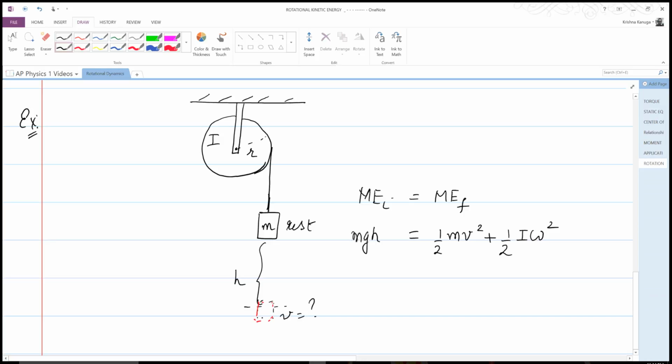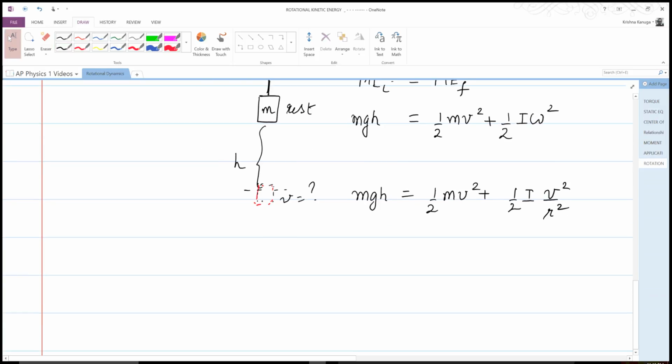Now, again, assuming that the string does not slide on the pulley, we know that omega can be replaced with v over R. So I can rewrite this as mgh equals 1/2 mv squared plus 1/2 I times v squared over R squared.